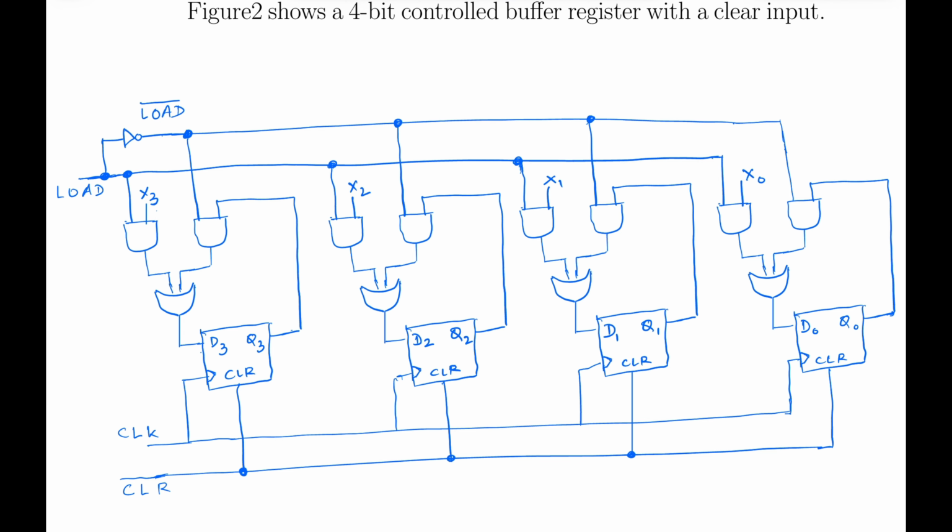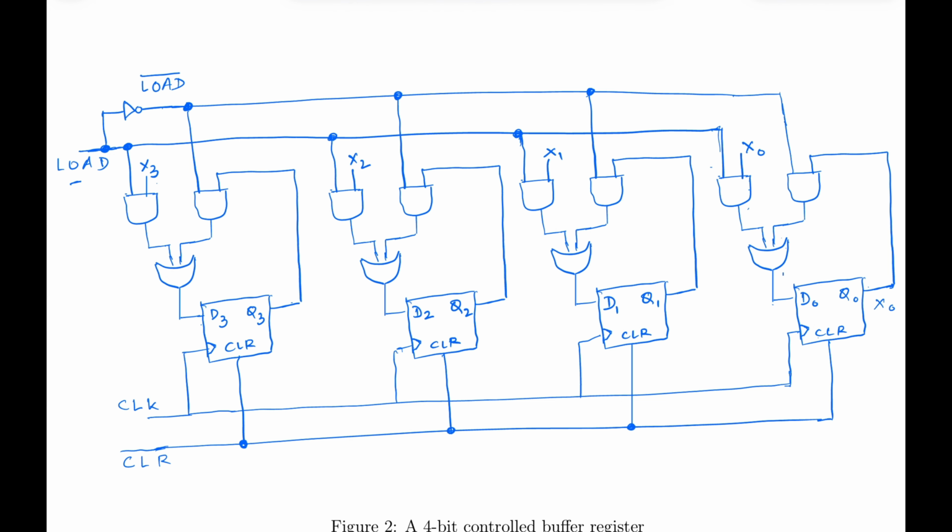See, the load may be high or low. We first consider the case when the load is 0, so that load not is 1. Now, see here. When the load is 0, this comes here, so this is 0. We are considering only the first unit of the figure. That means this input to this AND gate is 0.